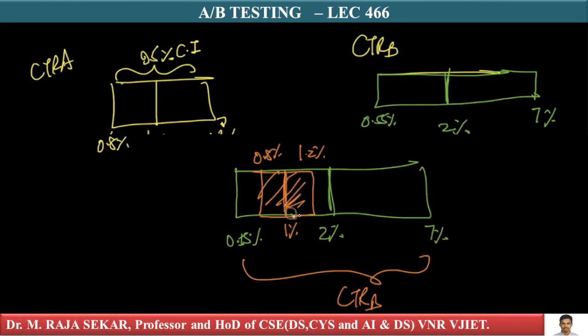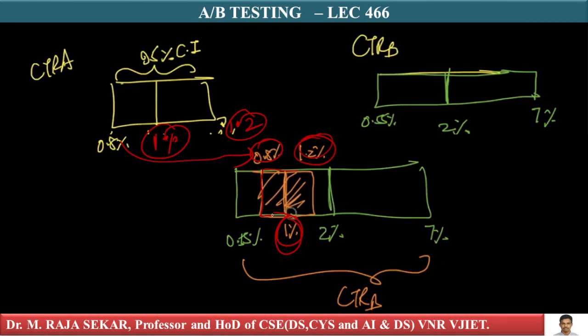This is 1%, this is 0.8%, and this is 1.2%. So CTR of A runs from 0.8 to 1.2. This portion. And what about CTR of B? 0.55 to 7%.